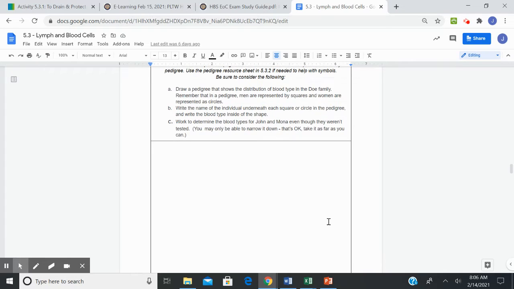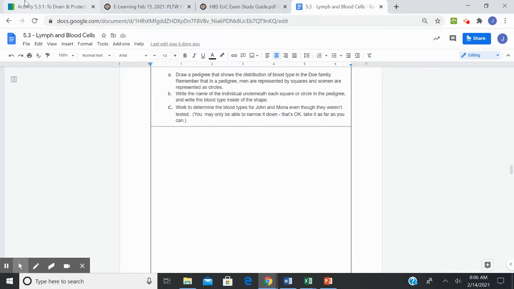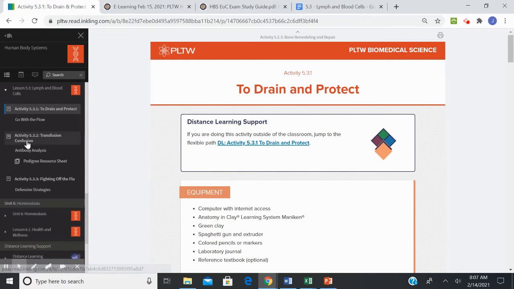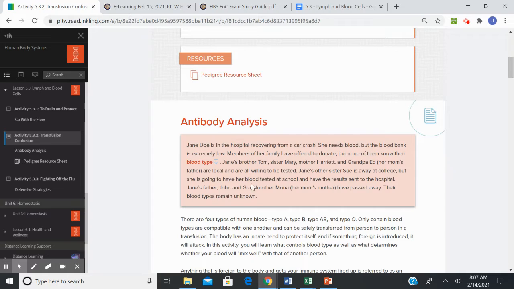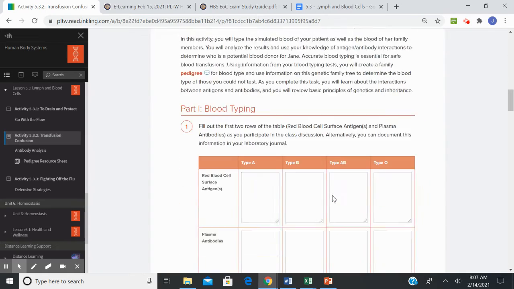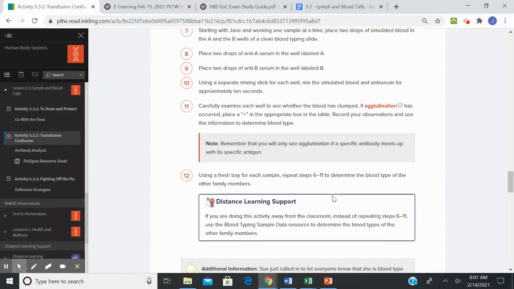And also determine the blood types for John and Mona, who have passed away previously, but you should be able to figure them out based on their relationship. And once again, if you go back to 5.3.2, there's a description here that kind of tells the relationship between everyone. And so hopefully that should not be too challenging for you to do.